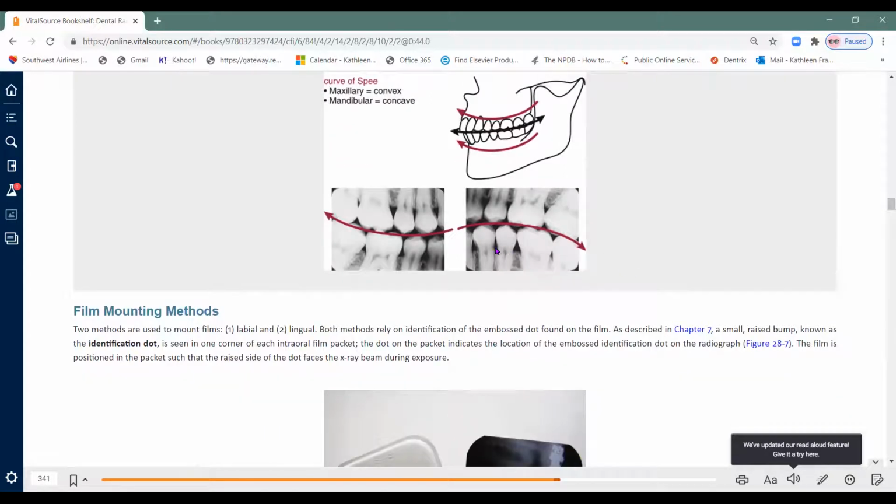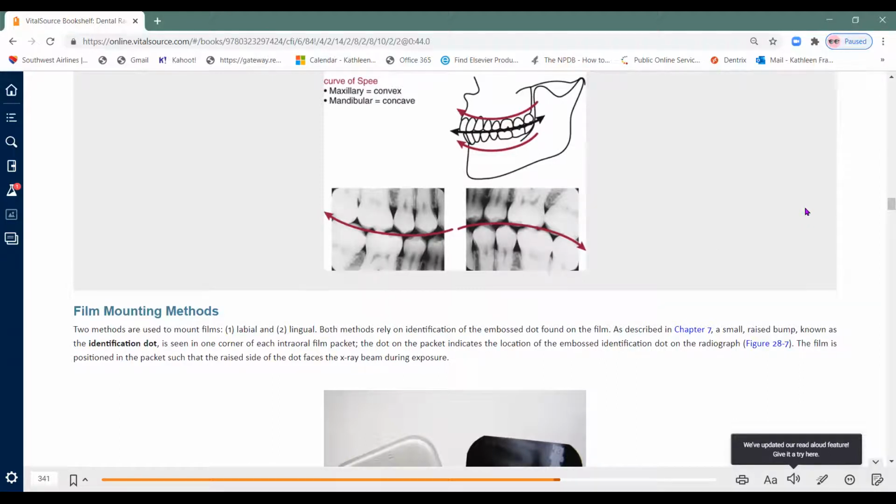The other thing that I would look at on these x-rays is that it's kind of the same way it is on a chart when I chart my patient's teeth. It's still going to be that my right is on my left and my left is on my right. So when we look at a dental chart, on the outside are my molars, then come my premolars.